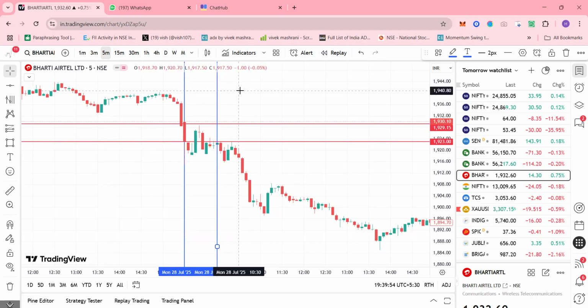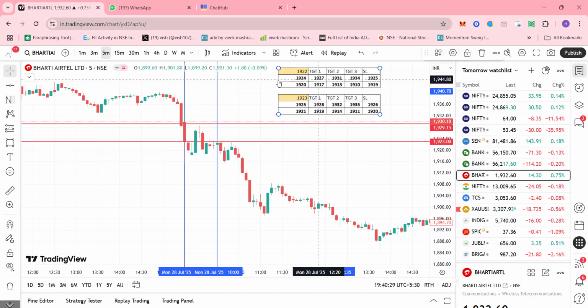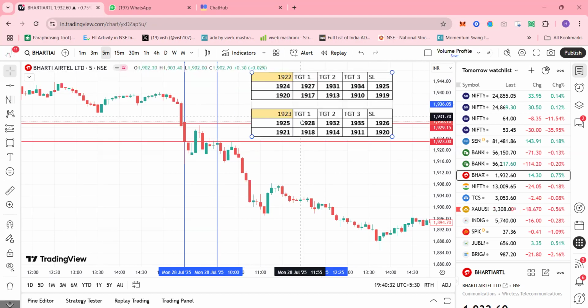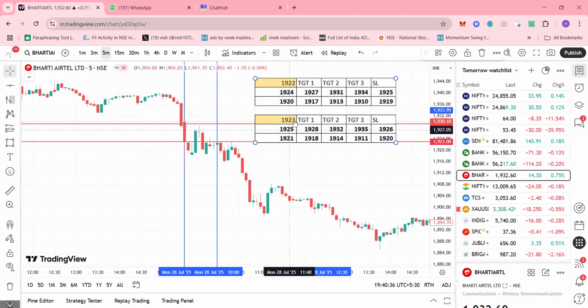Not much major. So the 1,923 is the 5 minutes one and 1,922 is the 10 minutes closing candle.